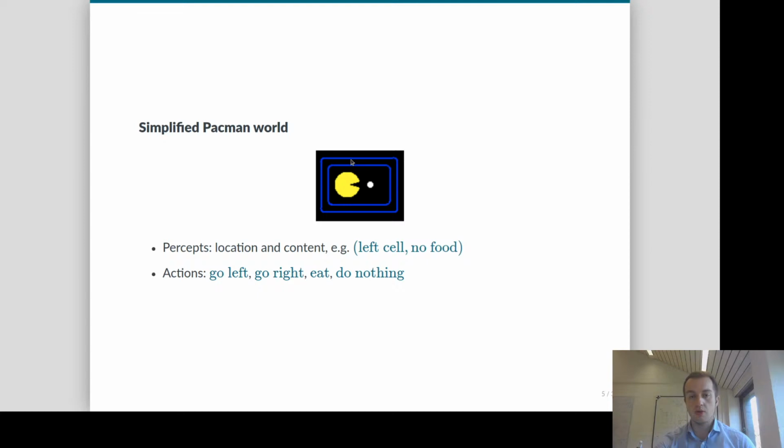In this world, an agent could have as percept the location of Pac-Man, so whether it is in the left or in the right cell, and whether or not there is food in this same cell. The actions that this Pac-Man agent could take would be to go left, go right, eat the food dot, or simply do nothing.